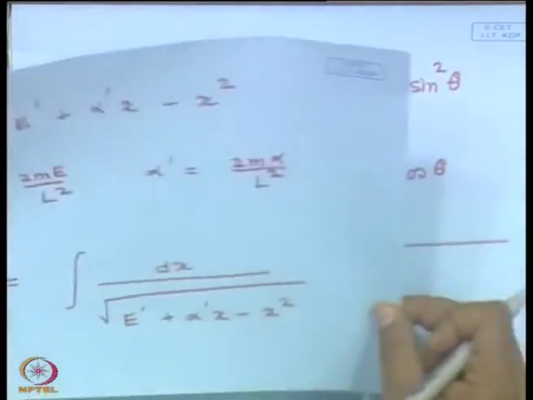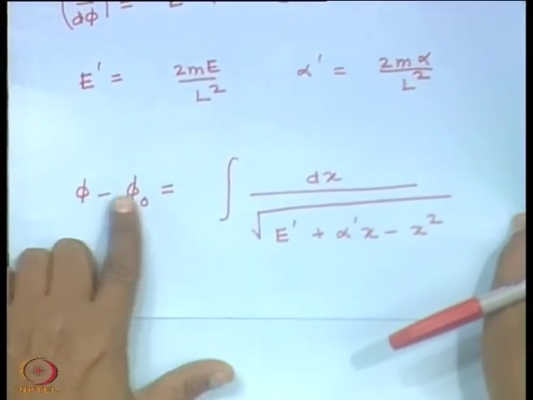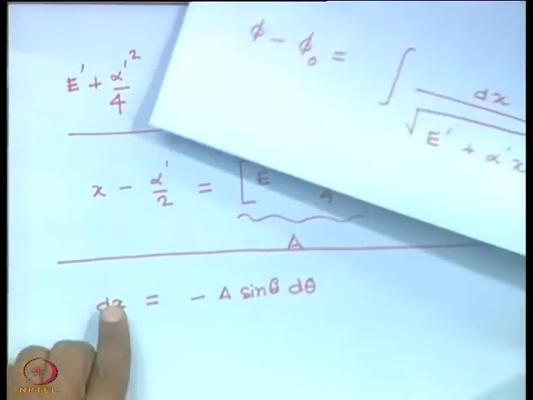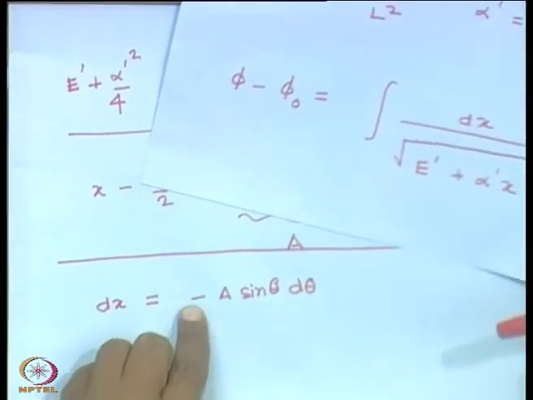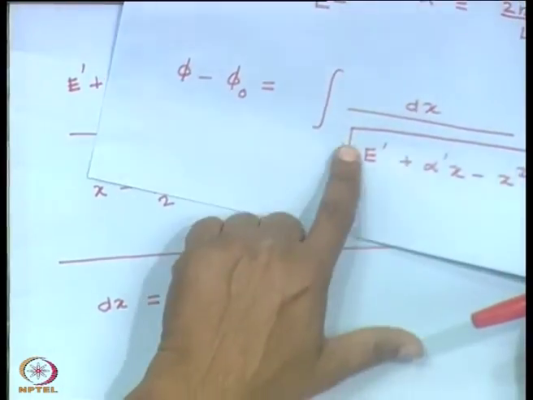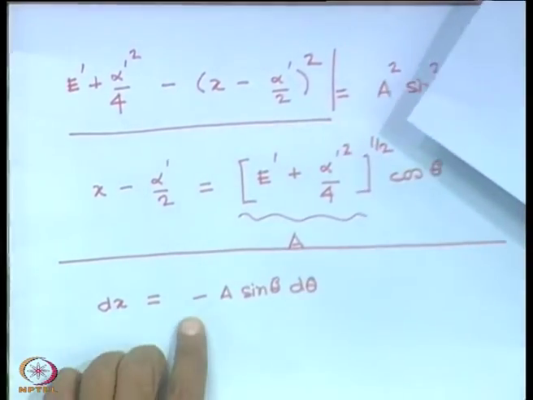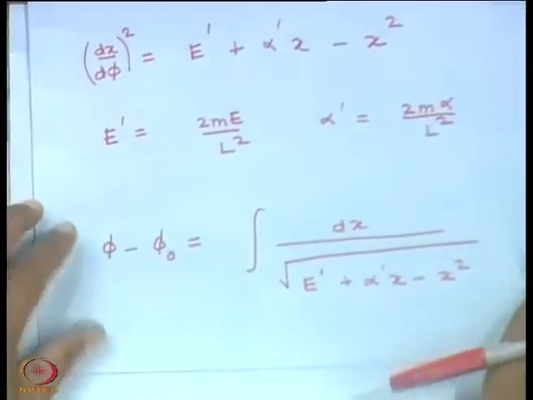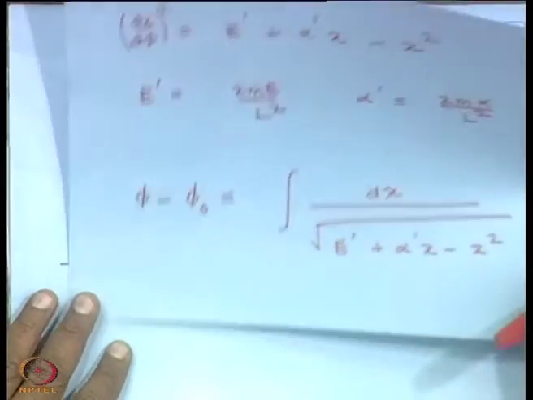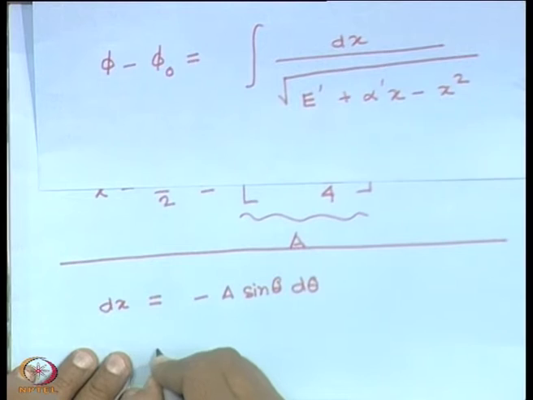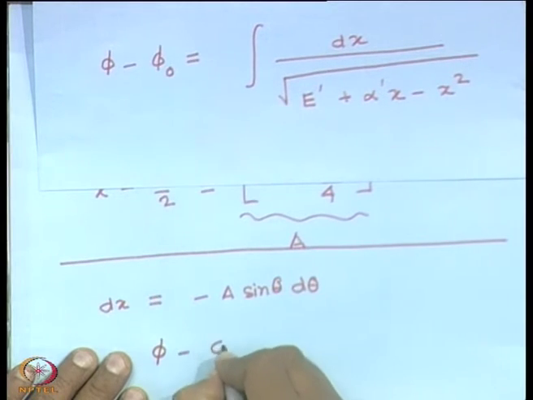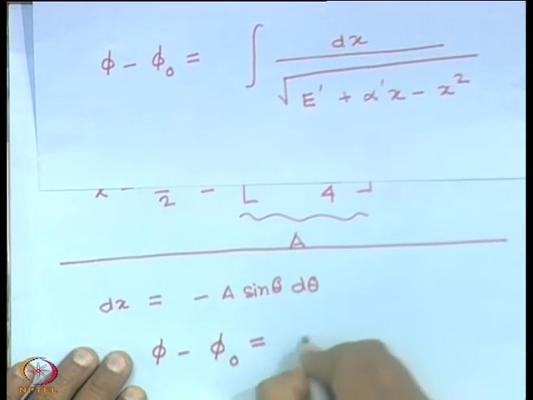So, now we can go back to this integral. phi minus phi naught is equal to, dx will be minus A sin theta d theta, and the whole term in the denominator will become A sin theta. So, A sin theta will cancel out, and what we are left with is phi minus phi naught is equal to minus theta.